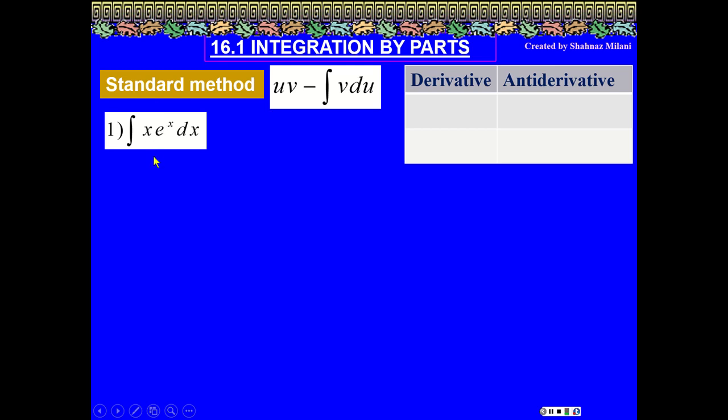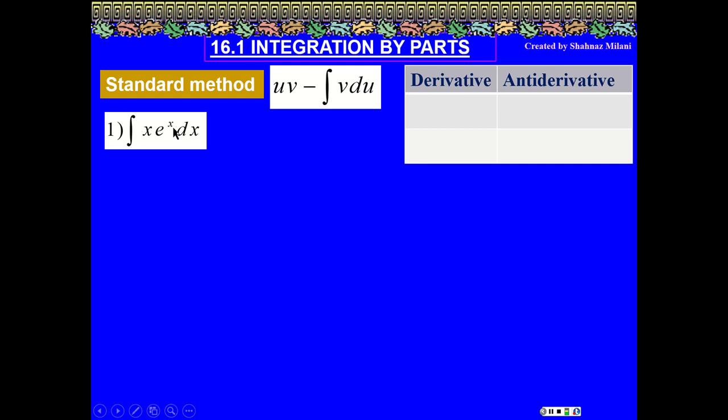Now, listen carefully. This one is a product. And we already talked about it in 15.2. If I have a product with the exponential function, the exponent of the exponential function becomes u. That means in this problem, I would have to say x is equal to u. It does not make sense at all to substitute a letter by a letter.